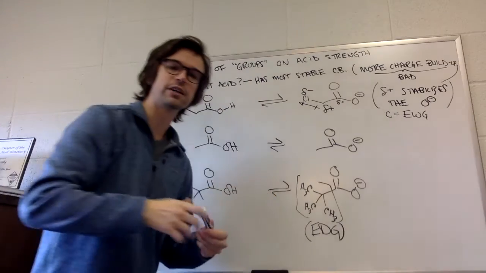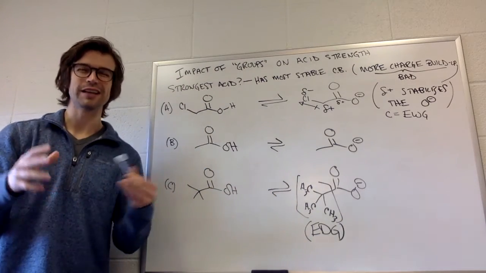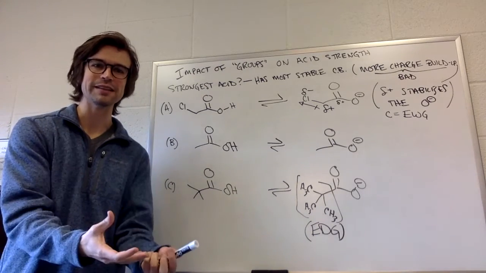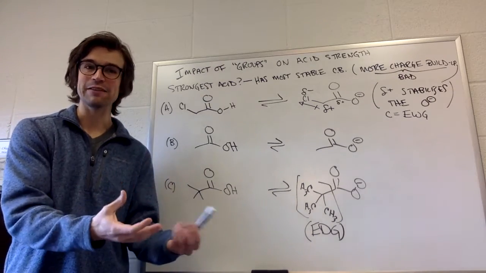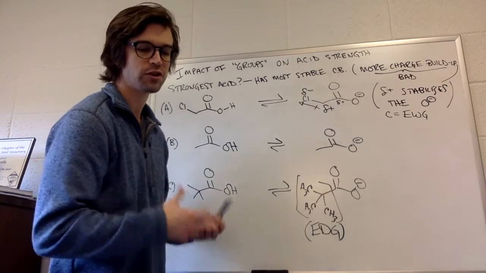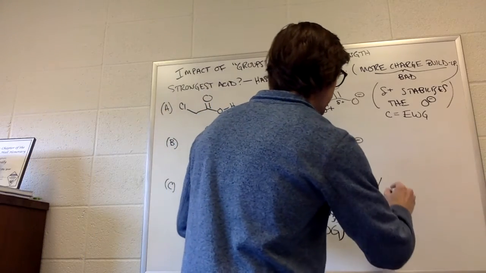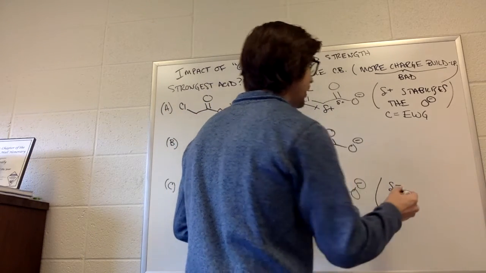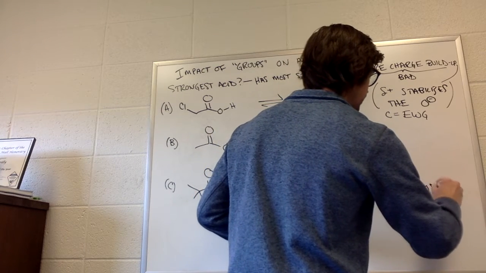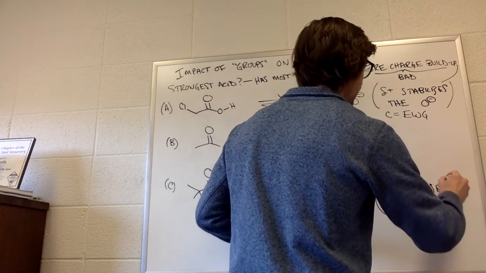It donates electron density through hyperconjugation. Remember, hyperconjugation is kind of a lower form of conjugation, but it is still something that lends negative charge. So essentially we have negative charge being pushed toward a negative charge. So here we're adding a partial minus. A partial minus is close to an O minus.